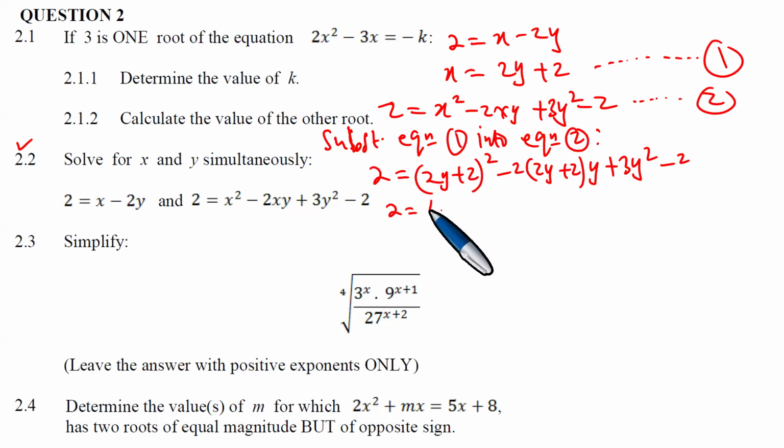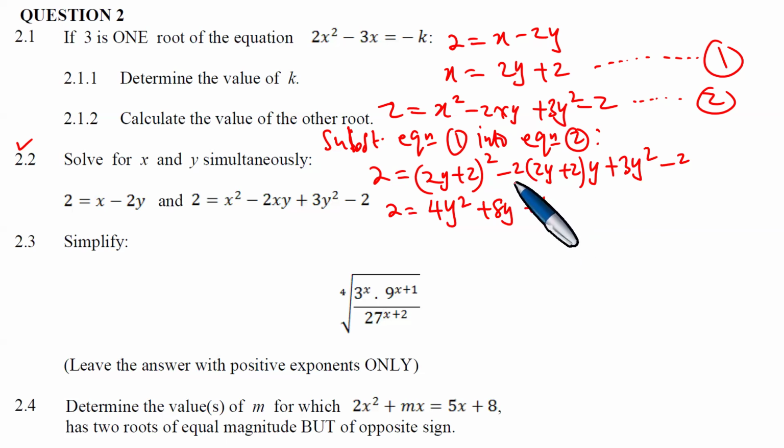If you square 2y, what do you get? You get 4y squared. 2y times 2 times 2. What is 2y times 2 times 2? So 2y times 2 is a 4y times 2, which is 8y. 2 squared gives us a 4.